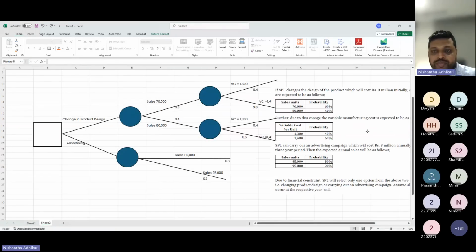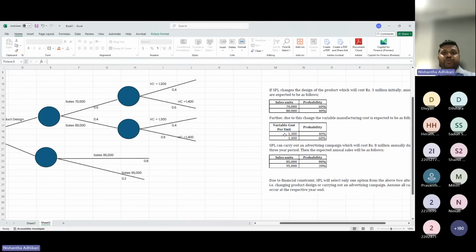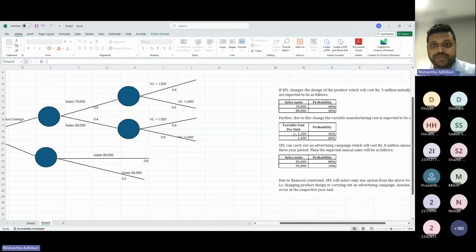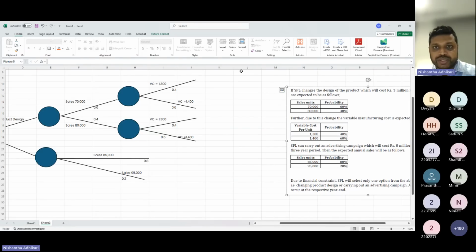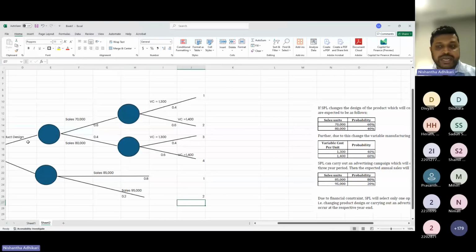I will leave some space here and name the pointers 1, 2, 3, 4. Here 1 and 2. Now I'm going to work out the first branch, product design.